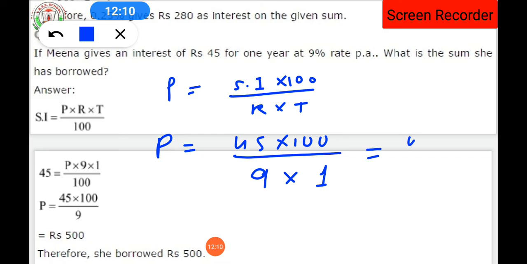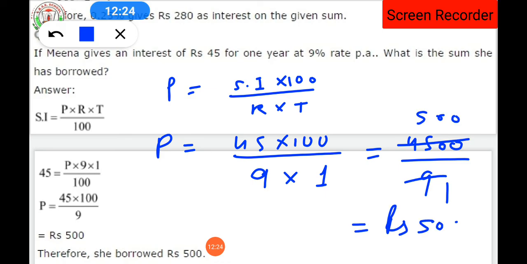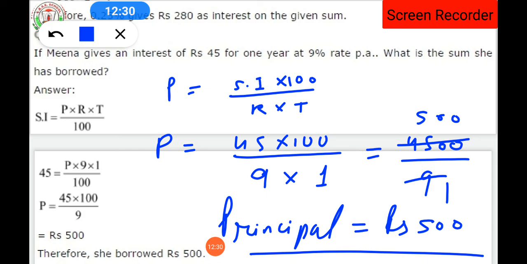Okay, so here 4500, when 45 will be multiplied with 100, it will become 4500. 9 into 1 will be 9. So 9 ones are and 9 fives are 45. So 500. So here it will become 500. So what is the principal amount we are getting while substituting the values in the formula? We will get the principal amount as rupees 500.